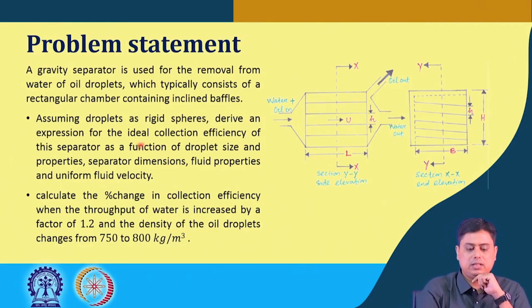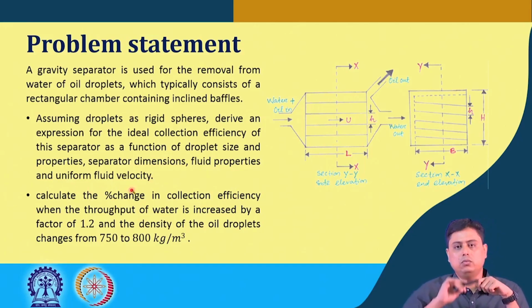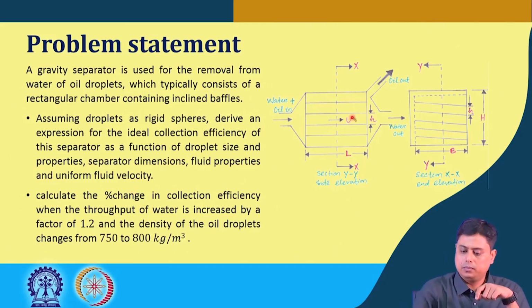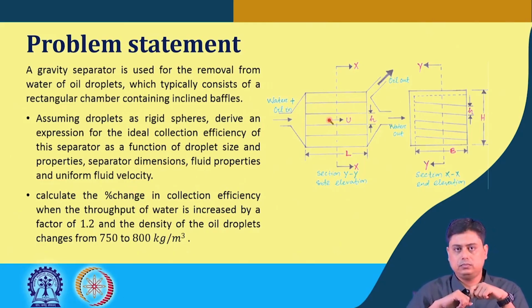The first part we have just answered: assuming droplets as rigid spheres, that means a kind of solid spherical object, we derived an expression for ideal collection efficiency, as a function of droplet size x, its property rho p, separator dimensions, that is the baffle distance H and the L, fluid property rho f, and uniform fluid velocity, the capital U. So, we have answered the first part.